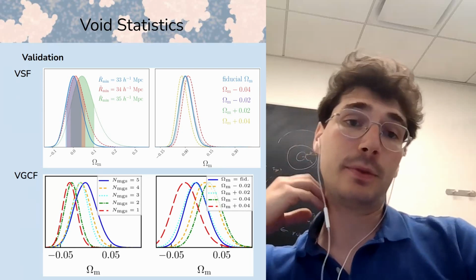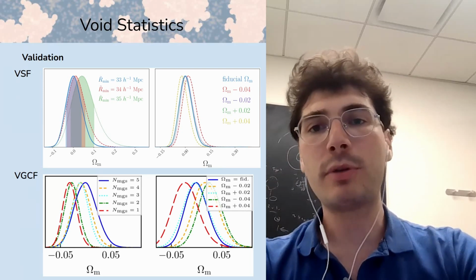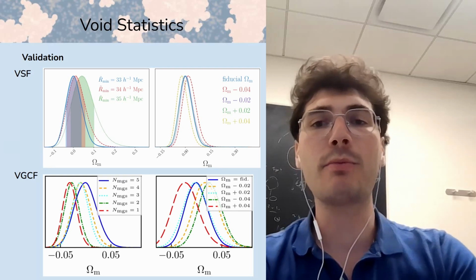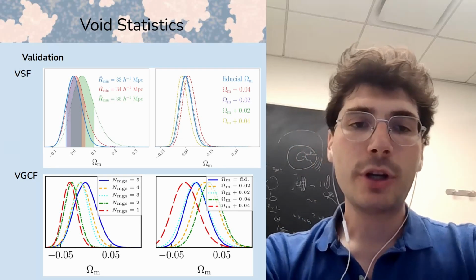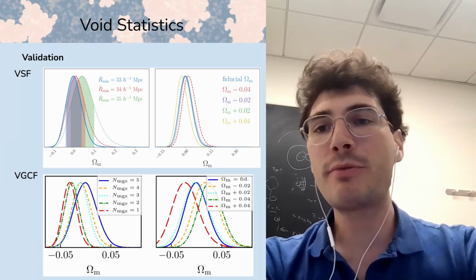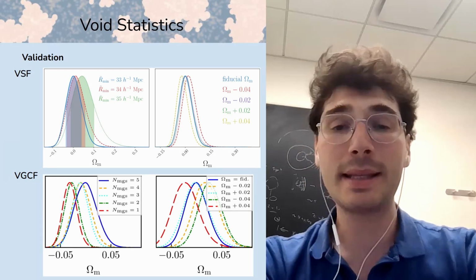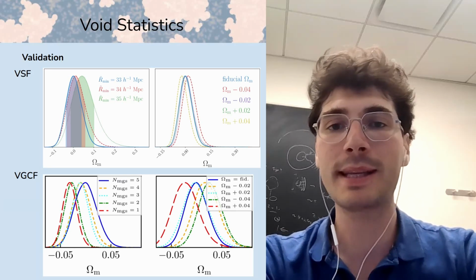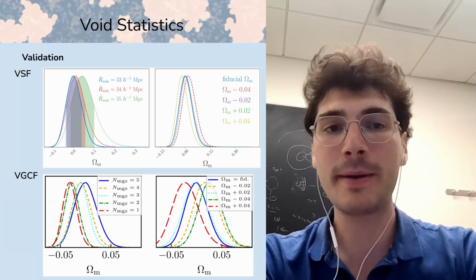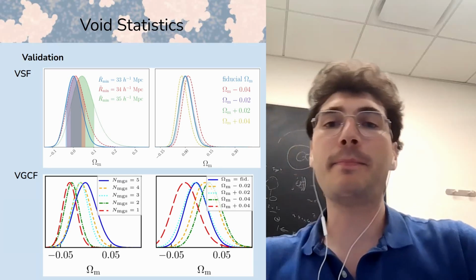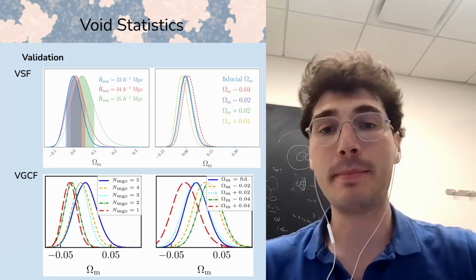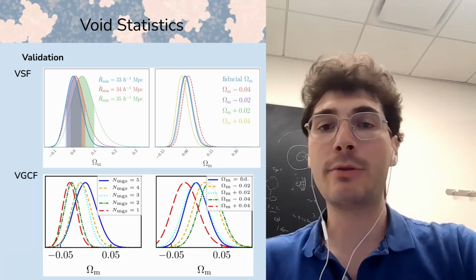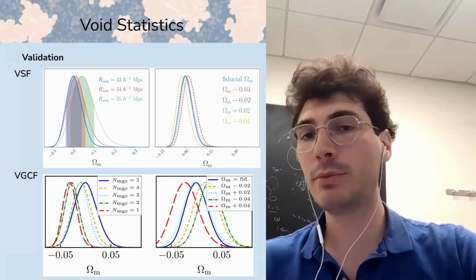Then, concerning the validation for the void size function, we perform a number of tests to check the stability of the result, and in particular concerning the minimum void radius. The choice of this radius is a trade-off between maximizing the statistics and also being sure to be above the scale where void count incompleteness is stronger, and this is due to the mean galaxy separation of galaxies that introduces a scale under which we cannot resolve the spatial distribution of voids.